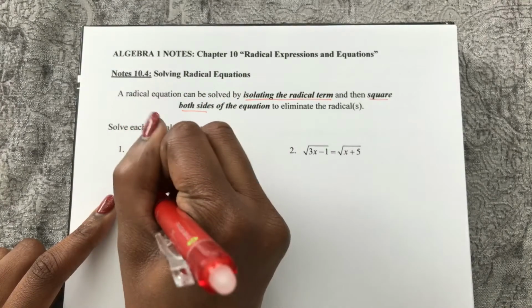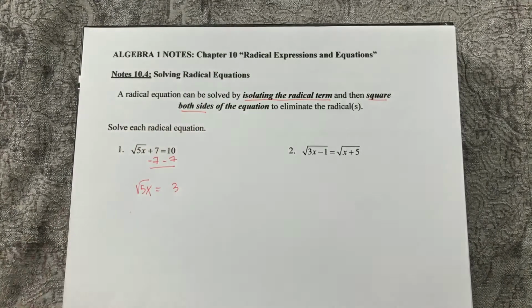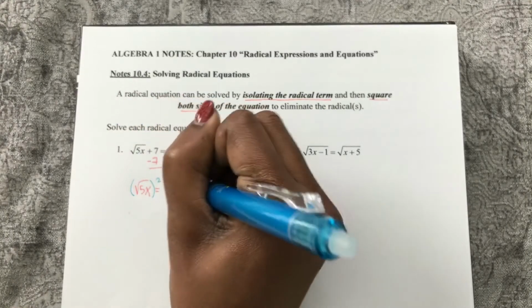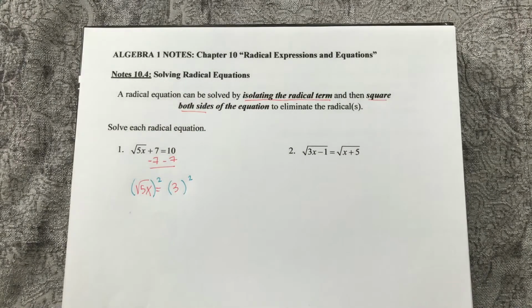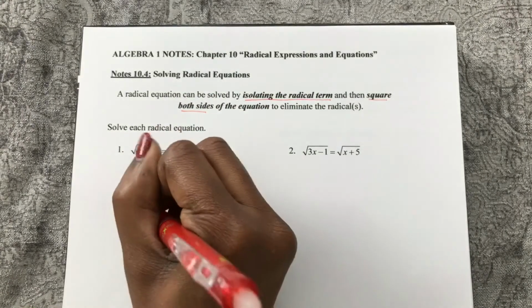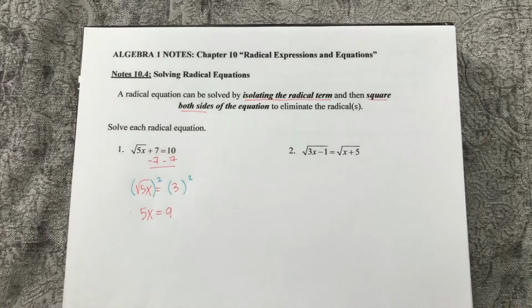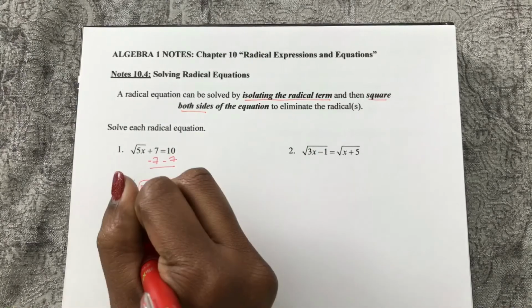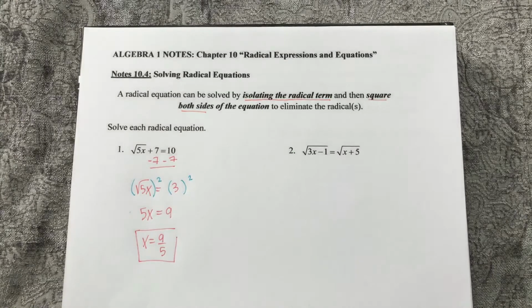So I have square root of 5x equals 3. Now that I have isolated my radical, I can square both sides to cancel out my radical, and I have 5x equals 9. And then to isolate x, divide by 5, x is 9/5.